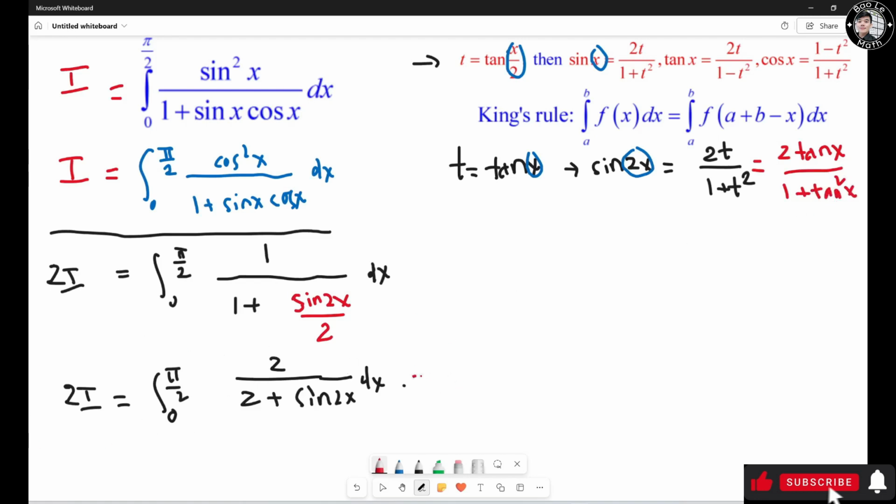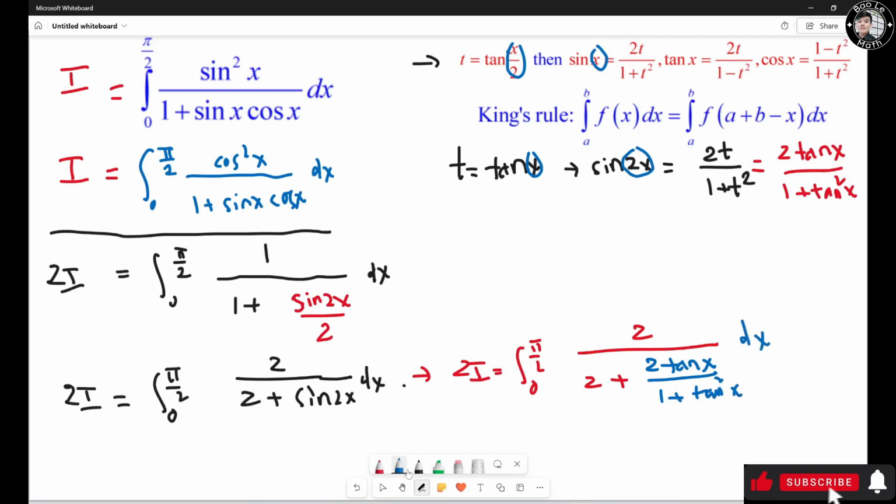So this turns out to be 2I equals the integral from 0 to pi over 2 of 2 over 2 plus 2 tangent s over 1 plus tangent squared s, ds.